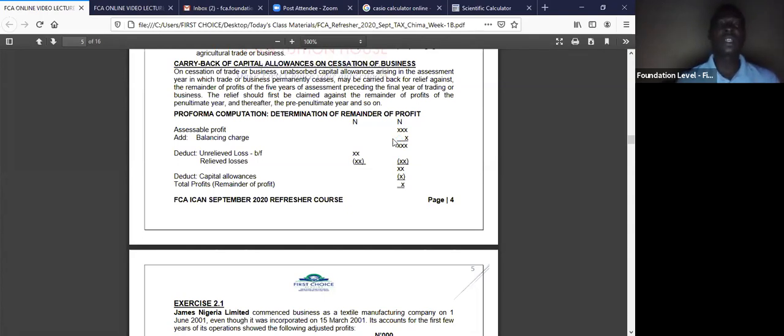So right now, you are in the ultimate year. You bring your capital allowance backward to the penultimate year, and you refund whatever tax. They will refund you whatever tax you've paid so that you can claim your capital allowance based on that. If that is not solving your problem, you take it again to the other year before the penultimate year, you do the same thing, get your refund of your tax, claim your capital allowance on the remaining taxable profit.